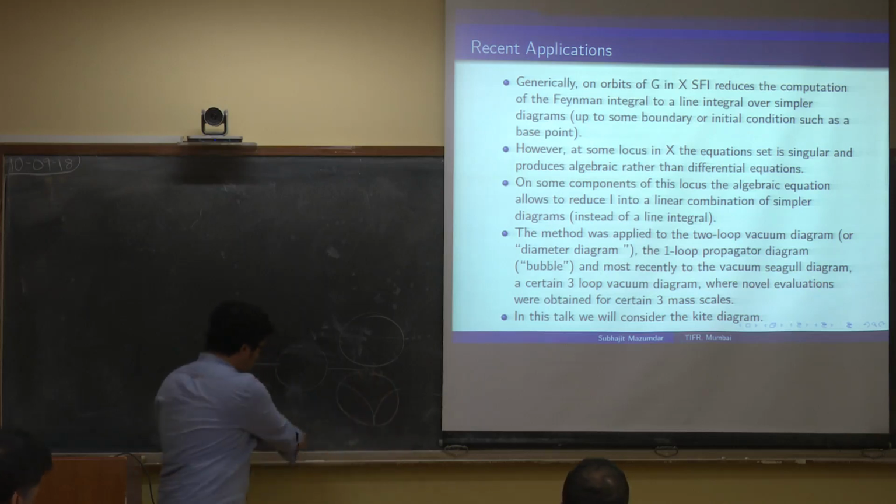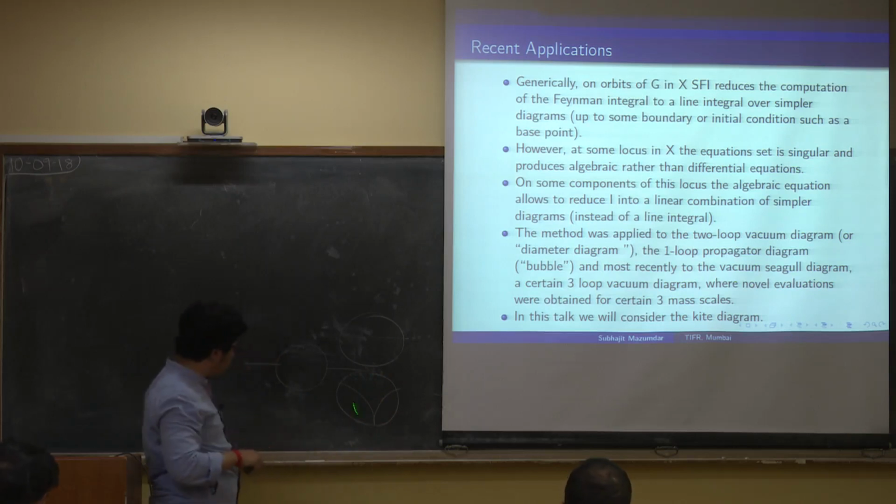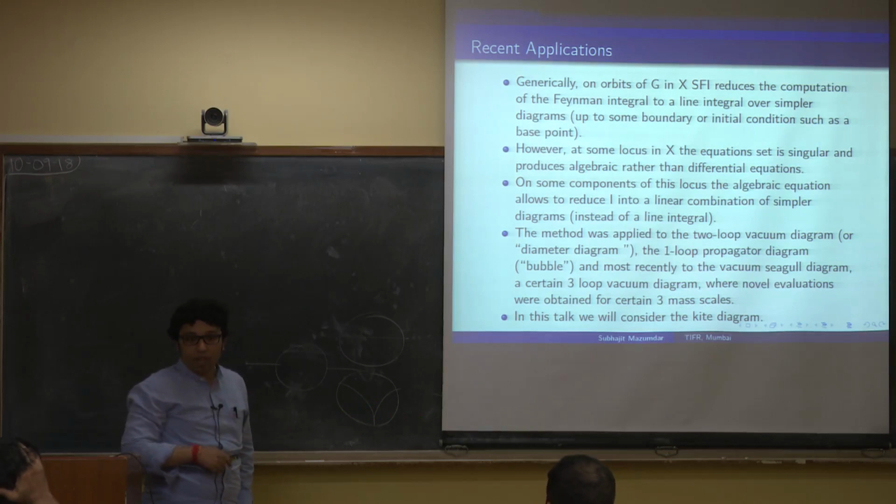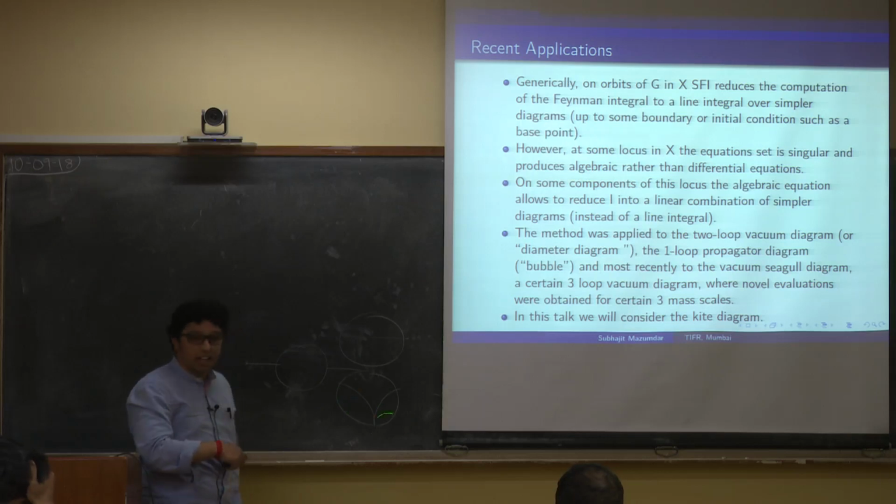This is a three loop diagram. For completely arbitrary masses, the solution was completely generic, with some generalized hypergeometric function. You can see the analytical answer was gotten from this method actually.